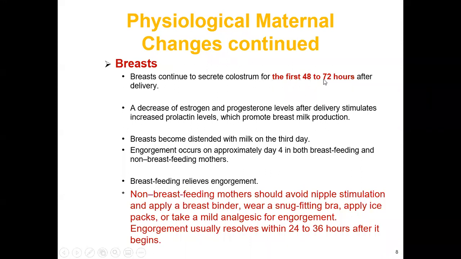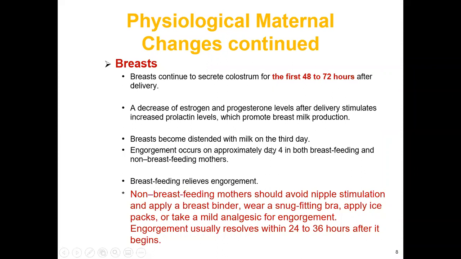The first 40 to 72 hours of breastfeeding is very explosive. Decreased estrogen and progesterone levels after the delivery stimulate increased prolactin levels, which promote breast milk production, and the breast becomes distended with milk on the third day.